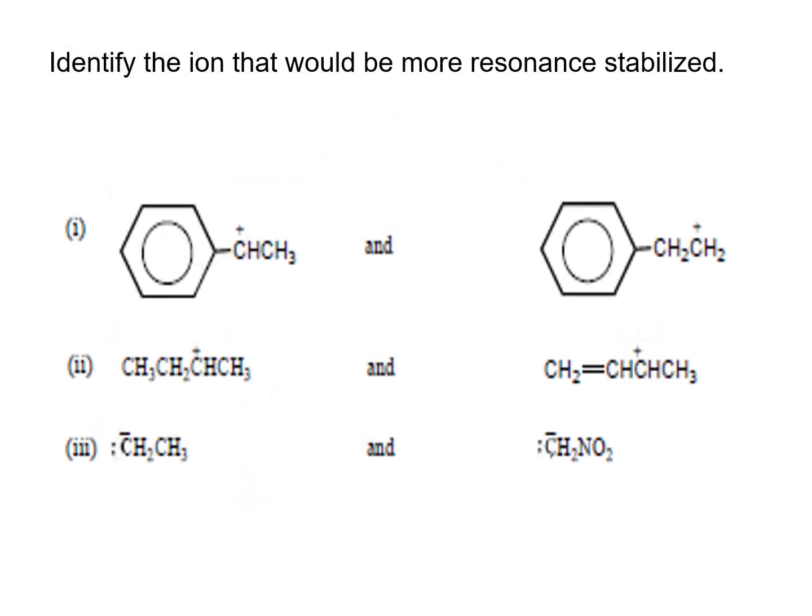Identify the ion that will be more resonance stabilized. The same thing we talked about in benzylic species makes the first structure in I more resonance stabilized, because there is direct interaction of the carbocation with the aromatic system. In II, the second structure is more stable because of stability by resonance between the carbocation and the unsaturated system.